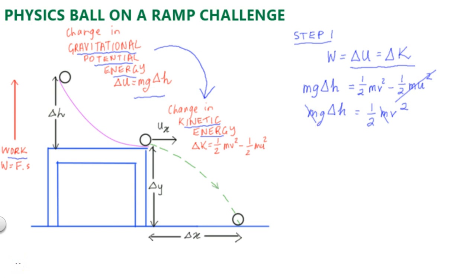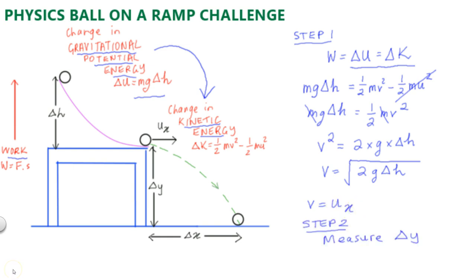Now we can solve for velocity. And since the velocity off the edge of the ramp is horizontal, we can say that this velocity is the initial horizontal velocity. So step 2 is measuring the height of the table, or delta y.